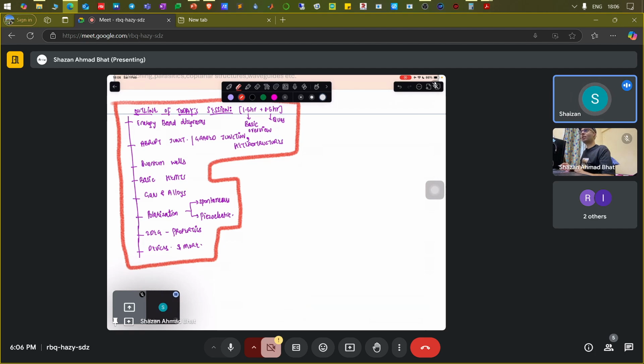Whether you use gallium, arsenic, or indium, they are going to have implications in the energy band diagram. These are just an overview of the topics I will be trying to cover, starting from the basics and then going into the complex things slowly and gradually.